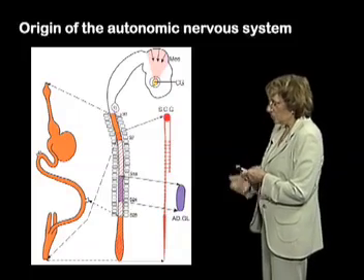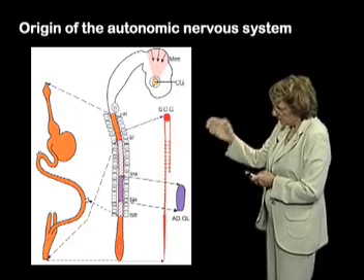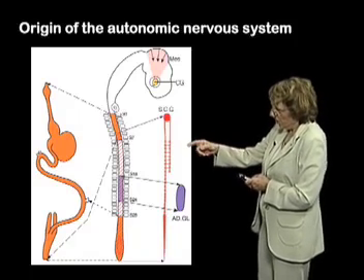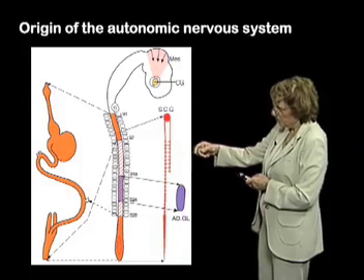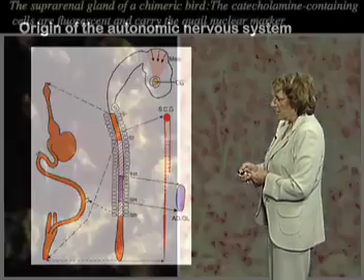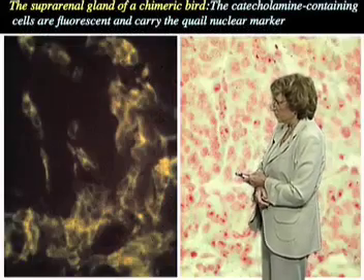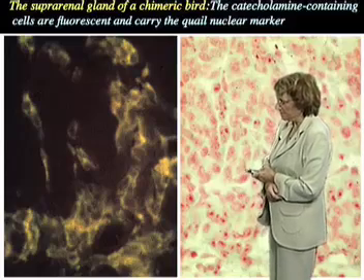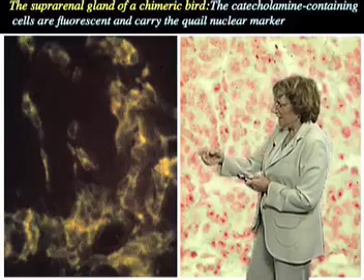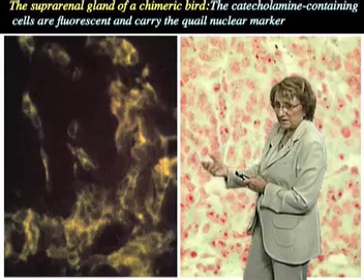And I'm going to show you experiments which are the result of first of the replacement of the neural tube at the level of somite 18 to 24. And this is a section of the suprarenal gland of such a chimera. You see on the left that there are strands of cells which are fluorescent.